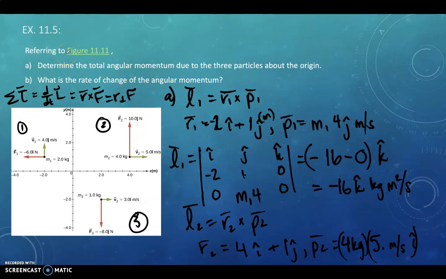For our first one, we can just look at it here. We have our force in the minus i hat direction. So what we'll do is find our r perpendicular to this F. So our r should be in the j hat direction, which is just one j hat.